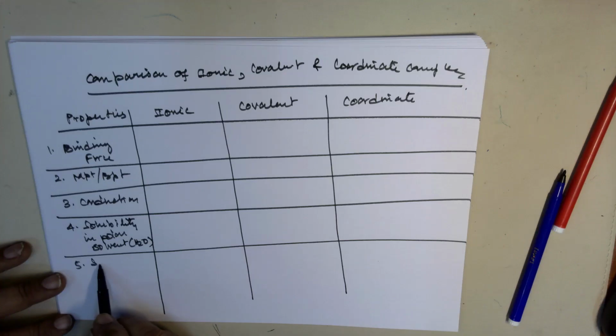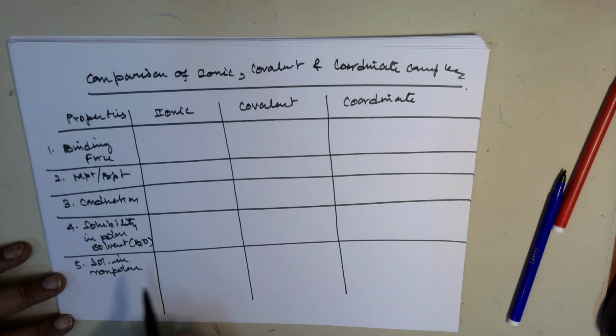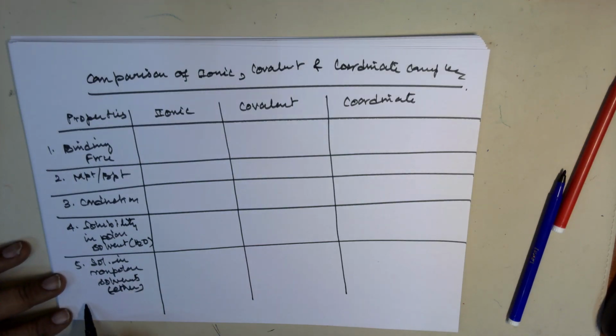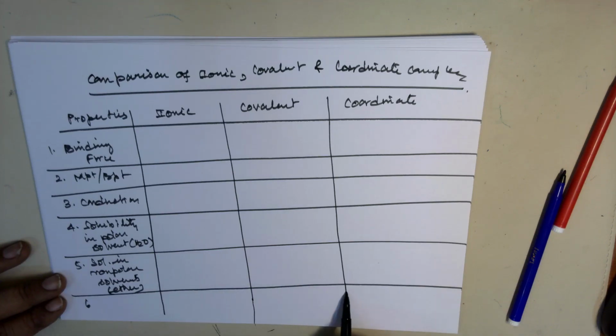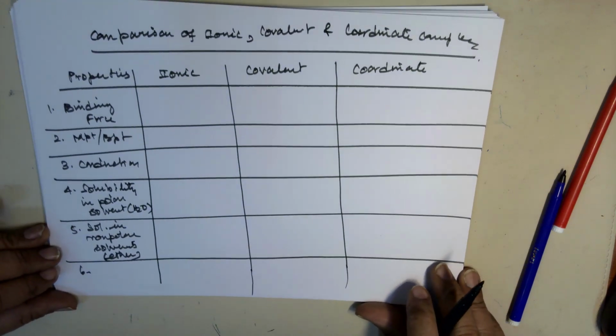Then solubility in non-polar solvents, in organic solvents. Non-polar solvents like organic, for example, let us consider ether. And finally, physical state.